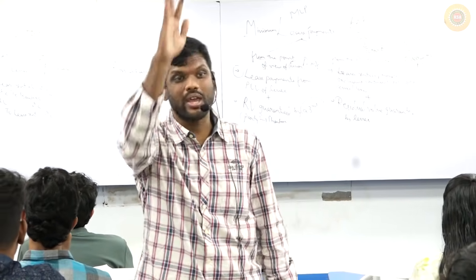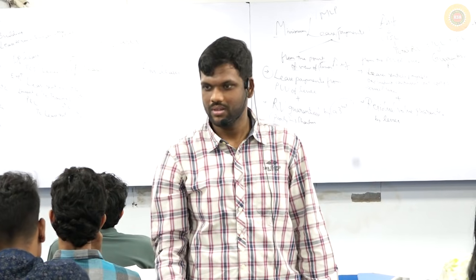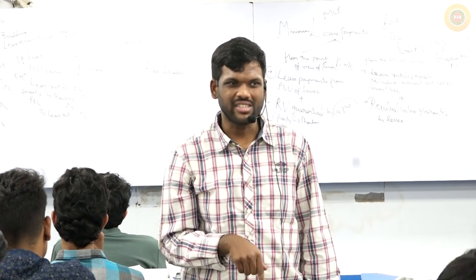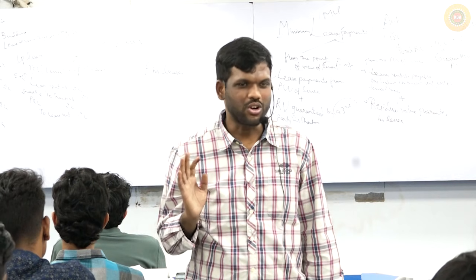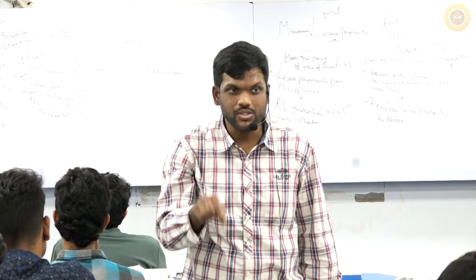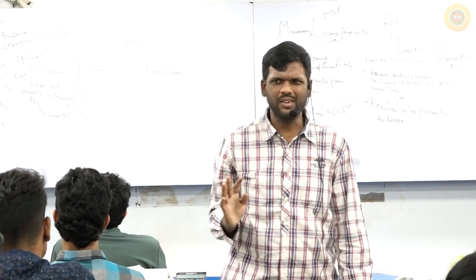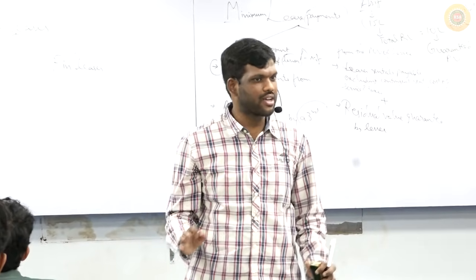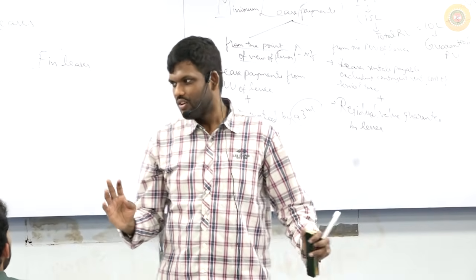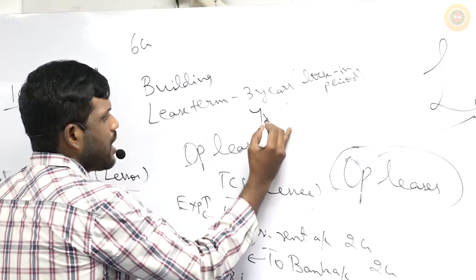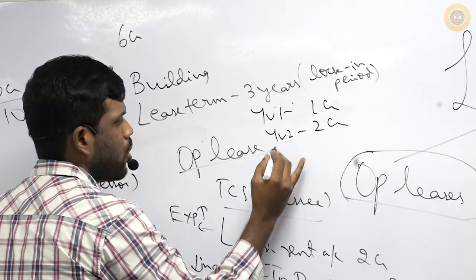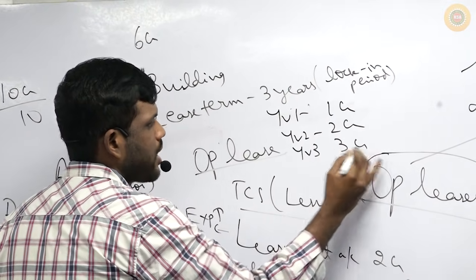I will get money, so I can pay more in the third year. Asif also says okay. Total Asif is going to receive how much in this also? 6 crores. So Asif is okay, I am getting 6 crores at the end of the day, and agrees. We wrote in the agreement, year 1, 1 crore, year 2, 2 crores, year 3, 3 crores.